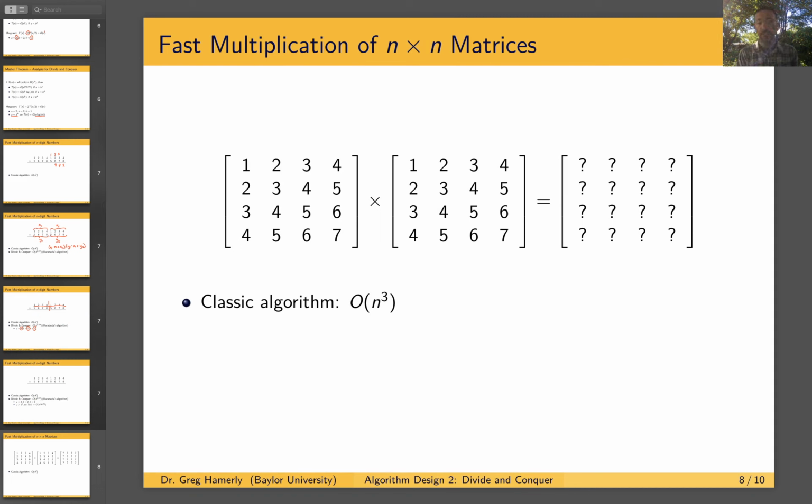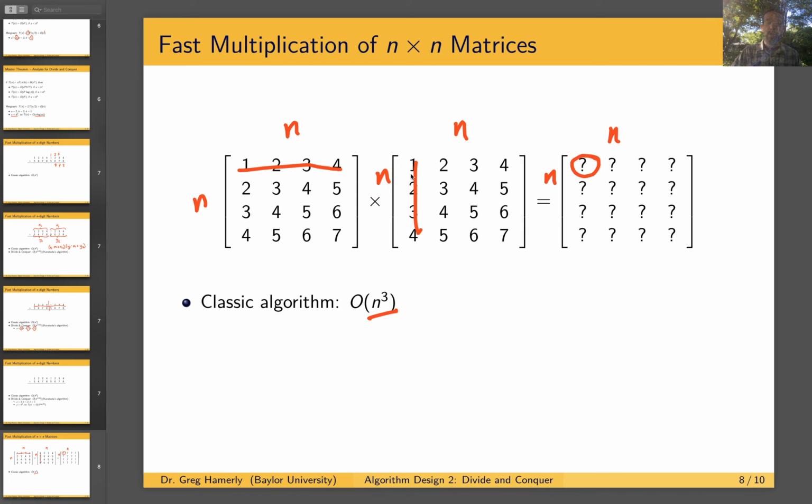A similar problem is the multiplication of n by n matrices. If I have an n by n matrix here, n rows and n columns, and I have another n by n matrix here, the result is also an n by n matrix. And the question is, how quickly could I compute this answer? Well, the classic algorithm takes n cubed time because I have to multiply this row times this column to get this value.